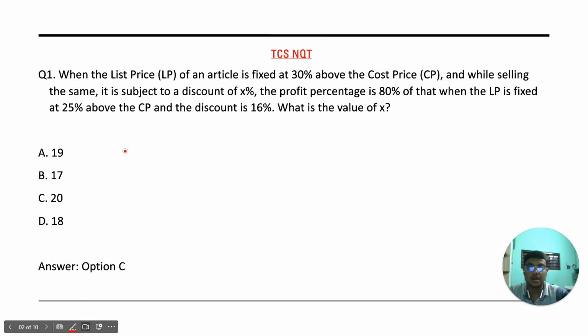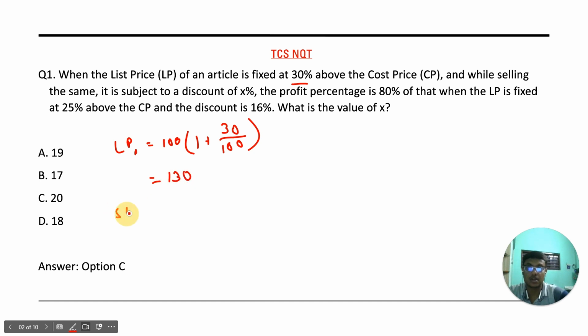So, now for case 1, we have list price equal to 100 into 1 plus 30 by 100, as the list price is fixed at 30% above cost price, which is equal to 130.